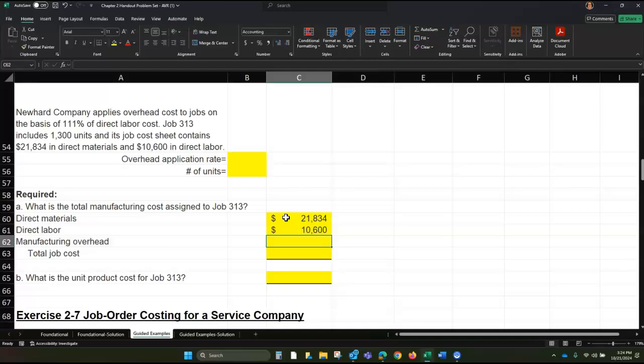All right, so the overhead application rate is that 111%. So to get to manufacturing overhead, we're going to take that 111% times what? Good, the direct labor amount of 10.6.